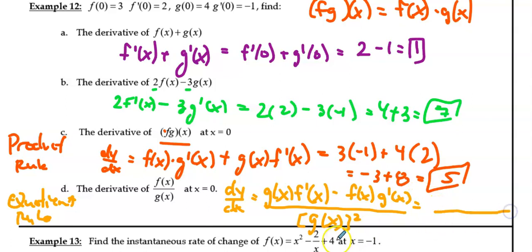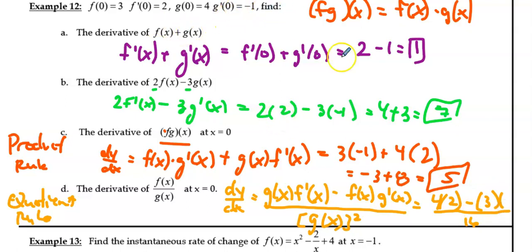Okay, so cool. So the denominator, g of 0, is just going to be 4. So we're going to square that. We're going to get 16. And then g of x is just going to be 4. I don't know why I had to look that up. We just found it right there. f prime of 0 is going to be 2, minus f of 0 is 3.